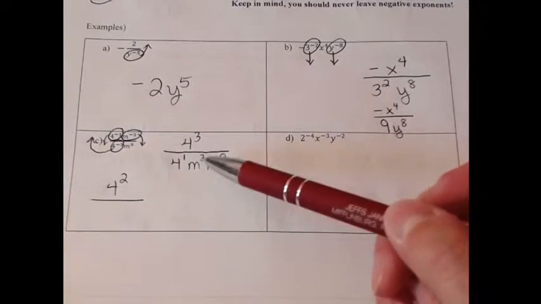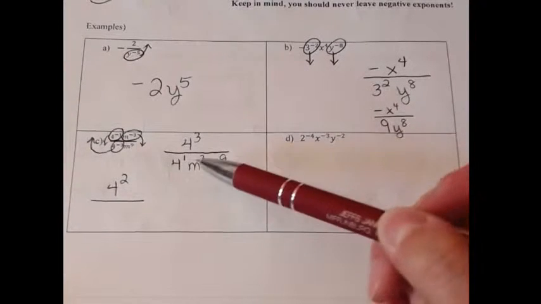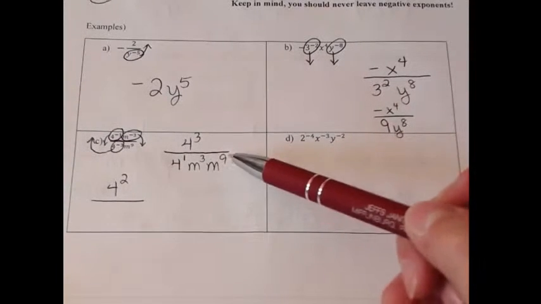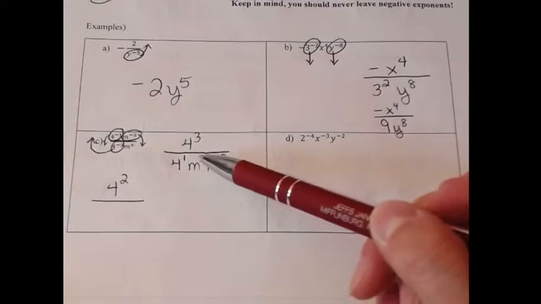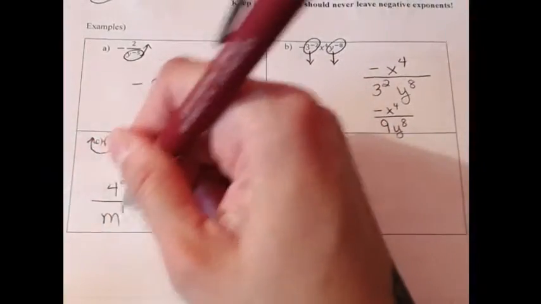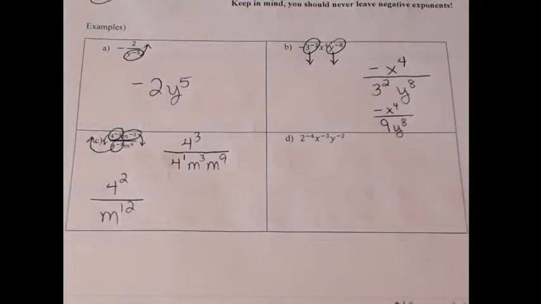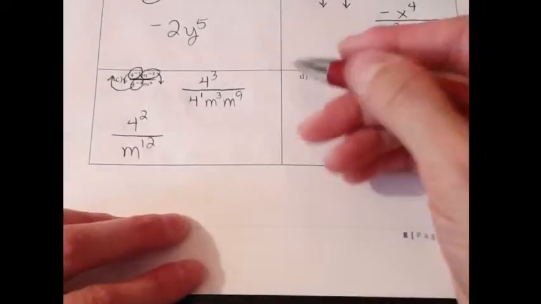In the denominator, I have m to the third times m to the ninth. M to the third times m to the ninth implies the product rule. You're going to keep the base, add the powers. So it's m to the 3 plus 9, which is 12. That is very different from this expression.